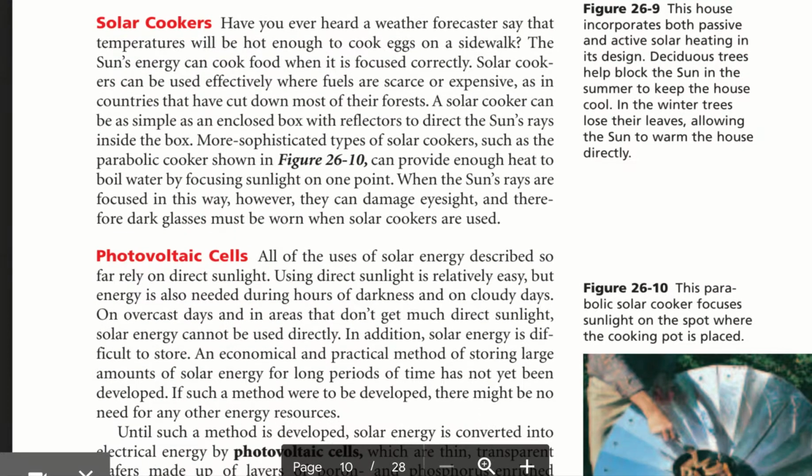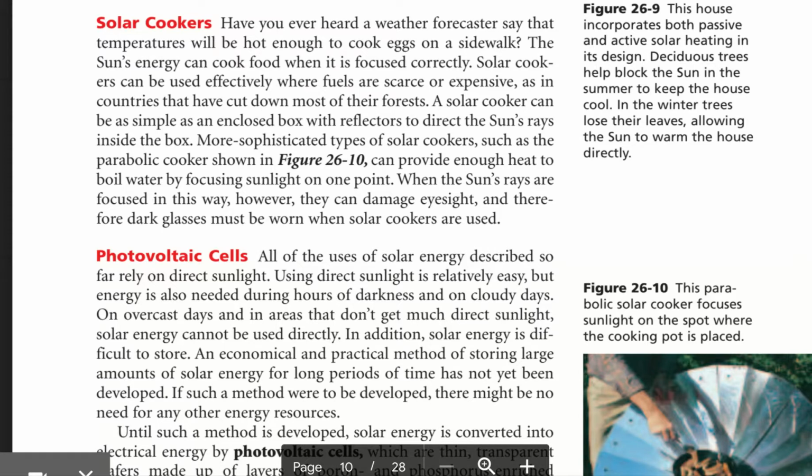Solar cookers. Have you ever heard a weather forecaster say that temperatures will be hot enough to cook eggs on the sidewalk? The sun's energy can cook food when it is focused correctly. Solar cookers can be used effectively where fuels are scarce or expensive, as in countries that have cut down most of their forests. A solar cooker can be as simple as an enclosed box with reflectors to direct the sun's rays inside the box.